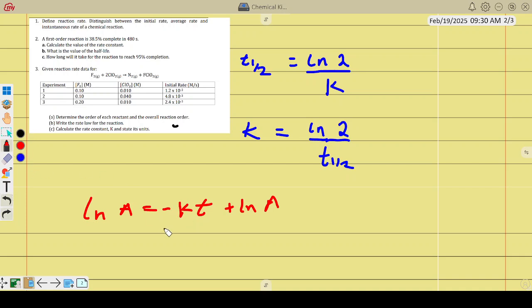So let's make k the subject of the formula. We'll say we have kt is equal to, so this is initial. So kt, when it goes to the other side, will remain with ln A initial, minus ln A, the final concentration.